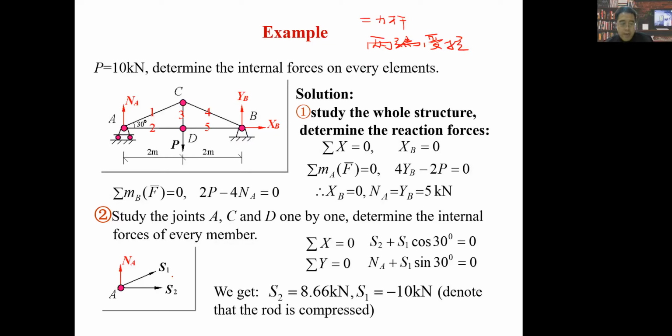So here S1, S2 mean two forces along two different directions because of the internal forces of AC and AD. Actually, from this knot we can find the internal forces of AC and AD indirectly.